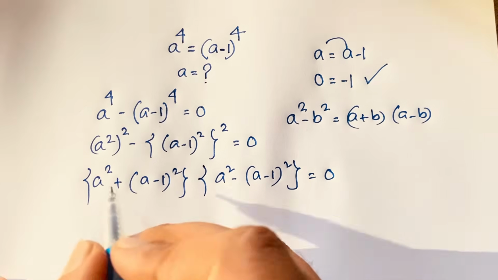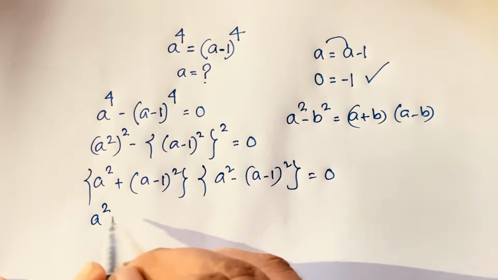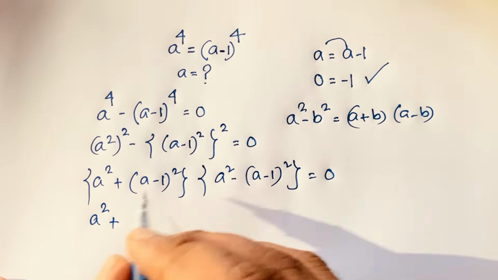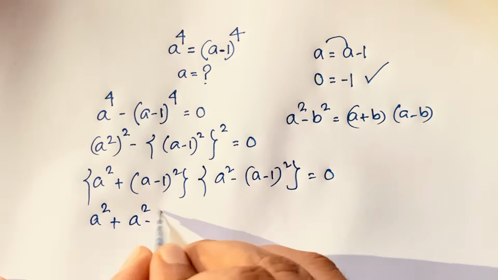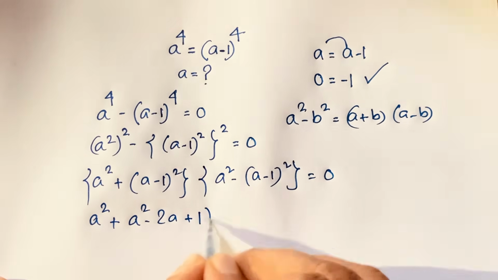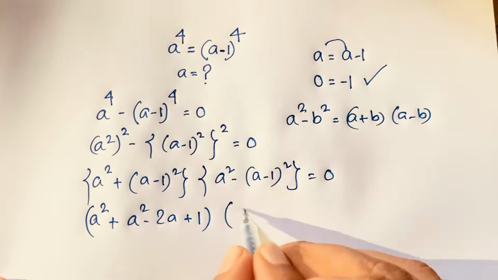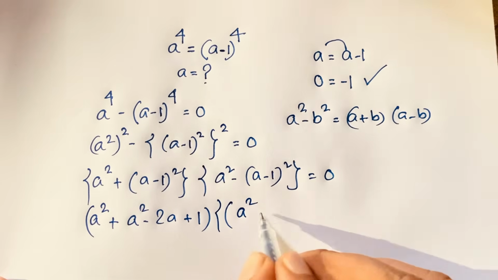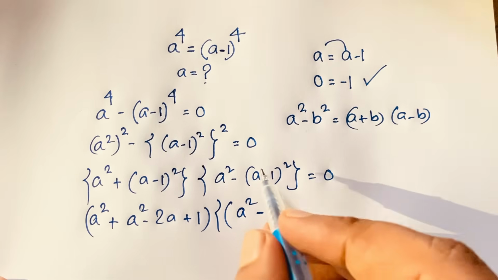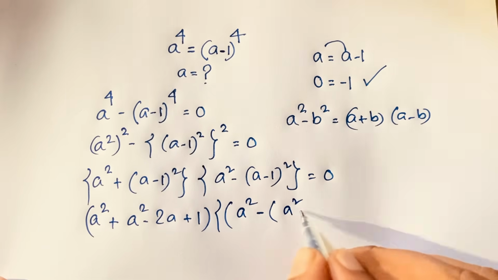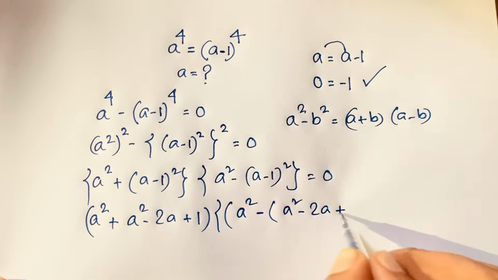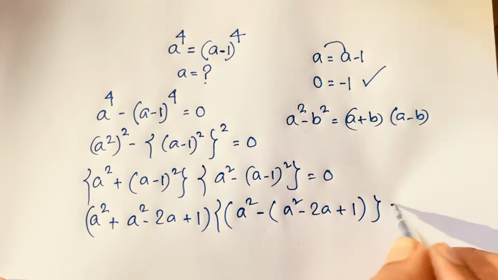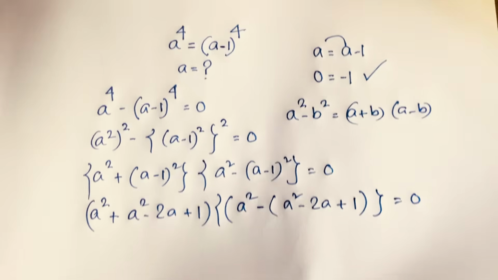Now here a square, then you can see it will be (a minus b) whole square, which is a square minus 2ab plus b square. Then here same case, a square, then minus, it will be a square minus 2ab plus b square is equal to 0.